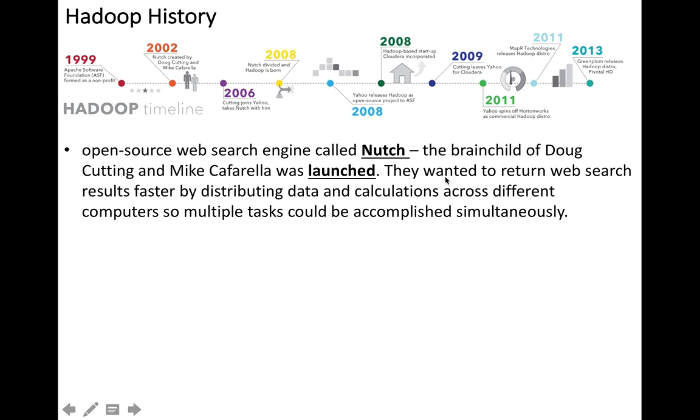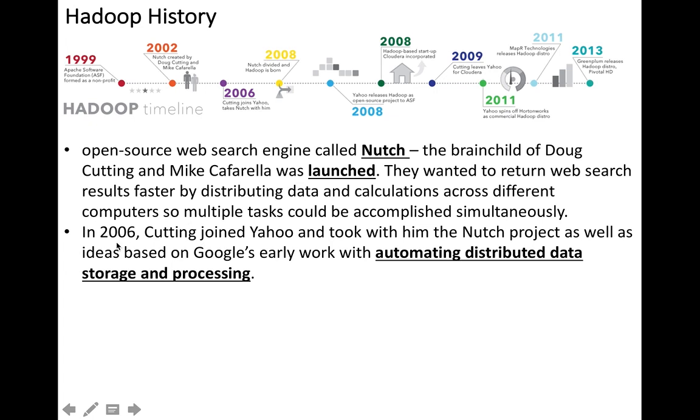The aim of Nutch was to return web search results fast by distributing data and calculation across different computers. So multiple tasks can be done at the same time. That's the original idea for Nutch.